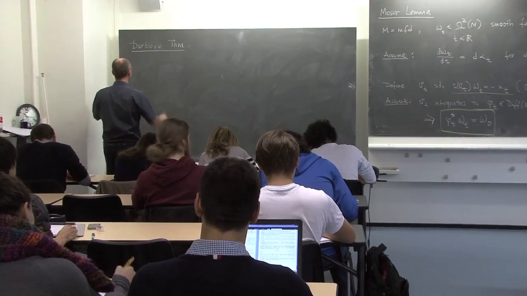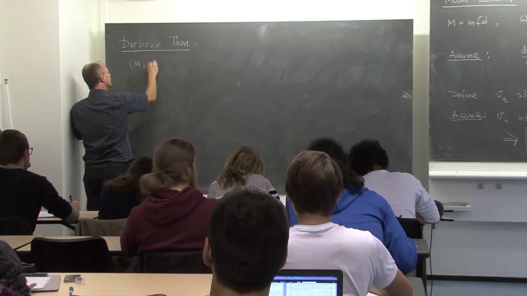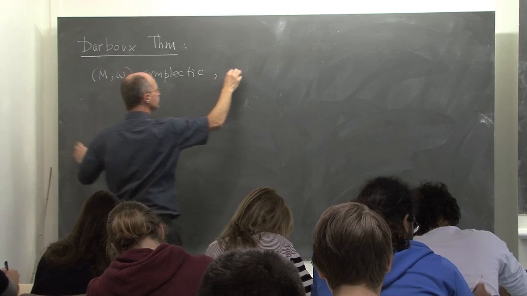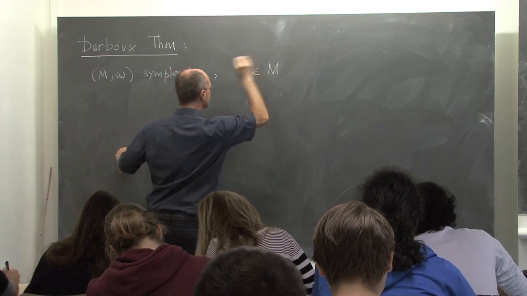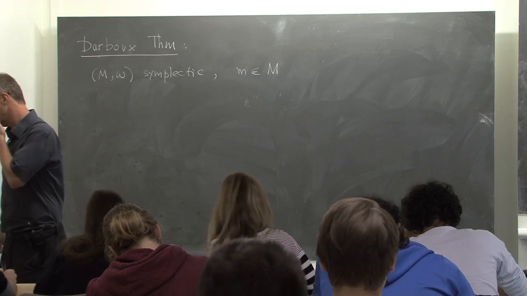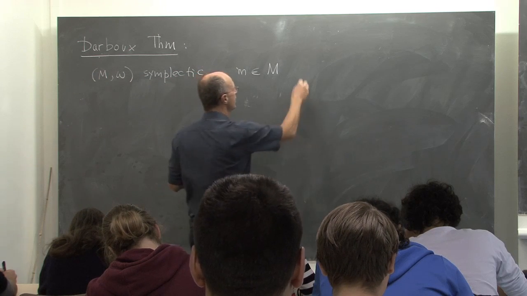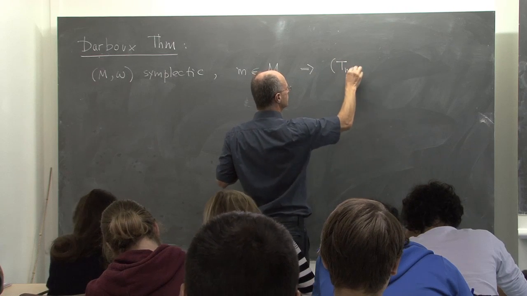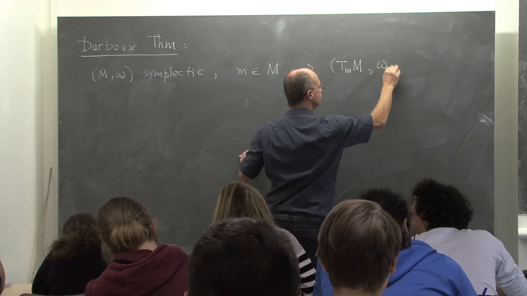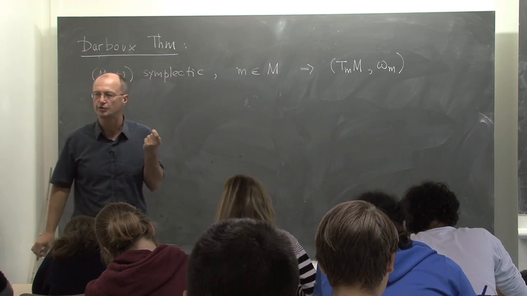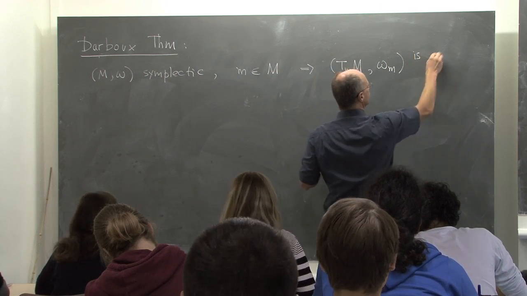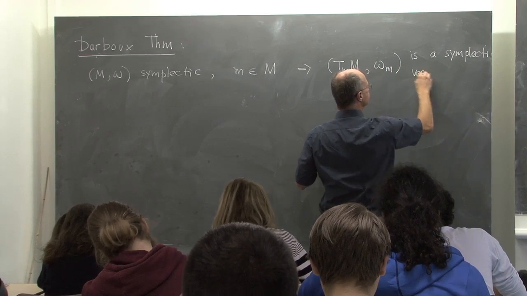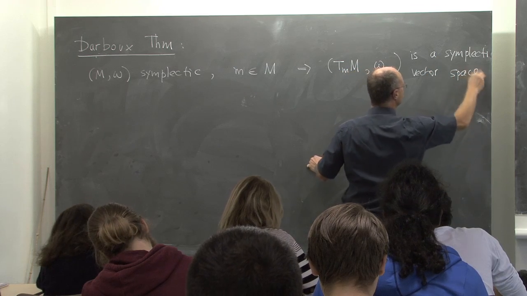Darboux theorem. Right. So we start with M, omega symplectic. We choose a point of M, and of course we know that the tangent space at this point, together with the value of the two form, is a symplectic vector space.